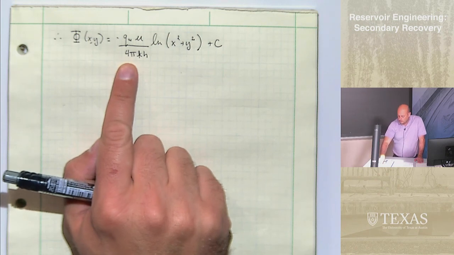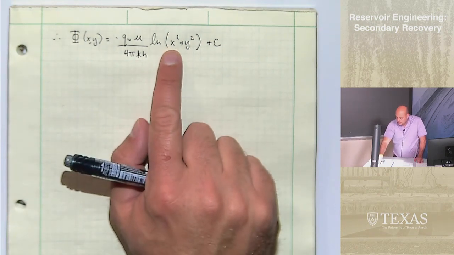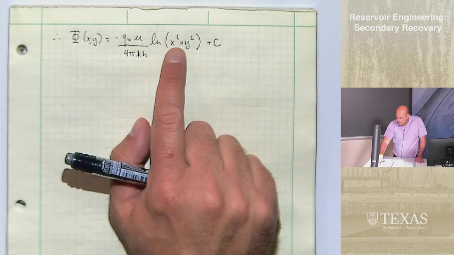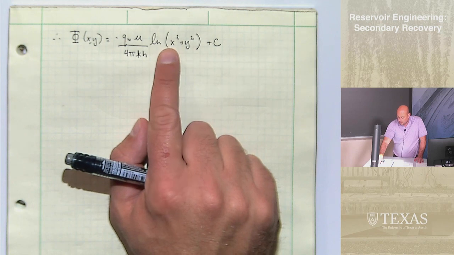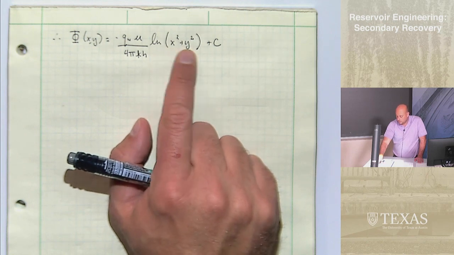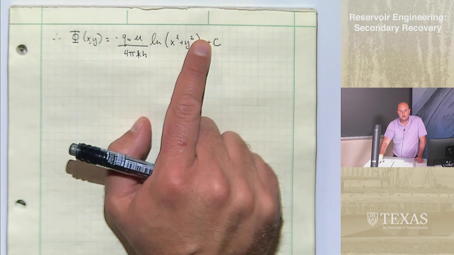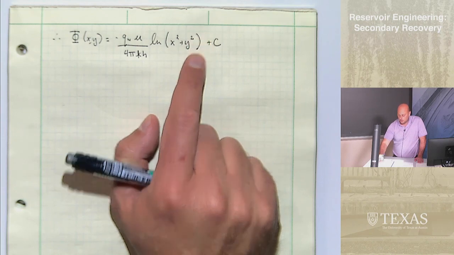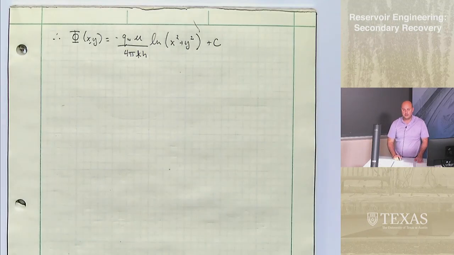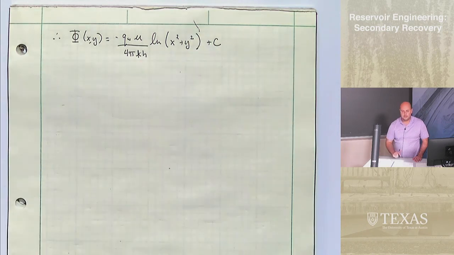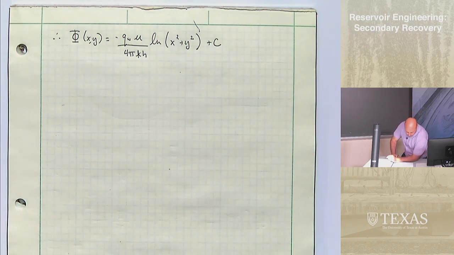That might look odd to you. The reason is that this was supposed to be the ln of the square root of x squared plus y squared, because that's what r is equal to. Or another way of thinking, square root is x squared plus y squared all to the 1/2 power. And if you remember your rules of logarithms, if you got an exponent over there, you can pull it down below. So you had 2 times 2 is equal to 4, and you lose that exponent. So that's just a rule of logarithms.